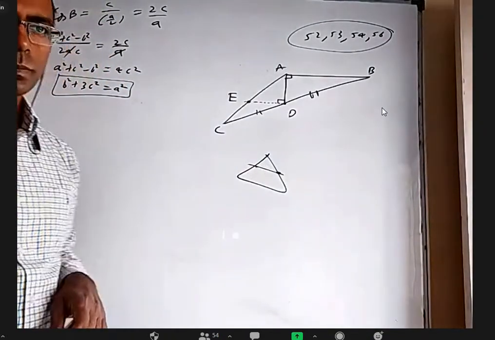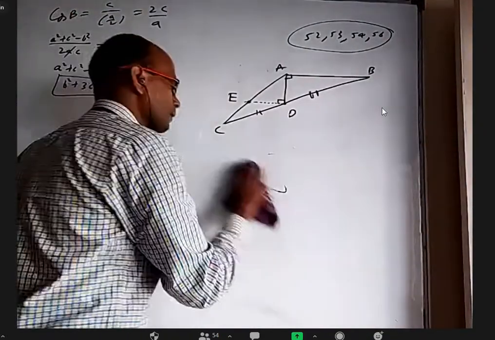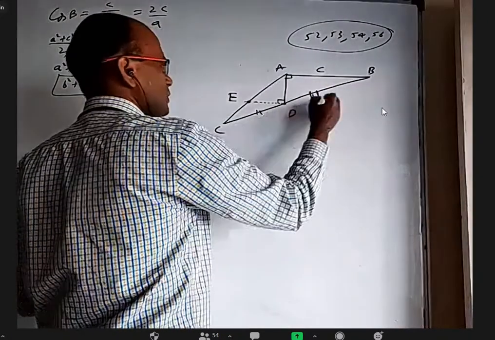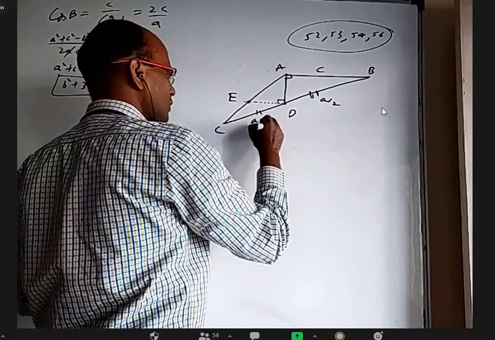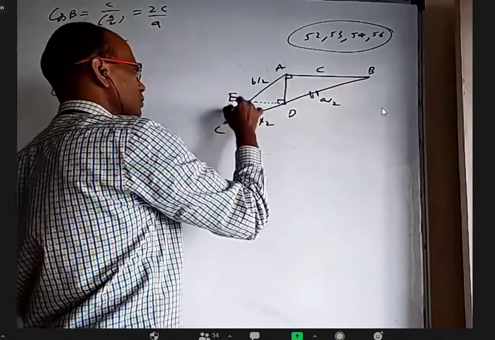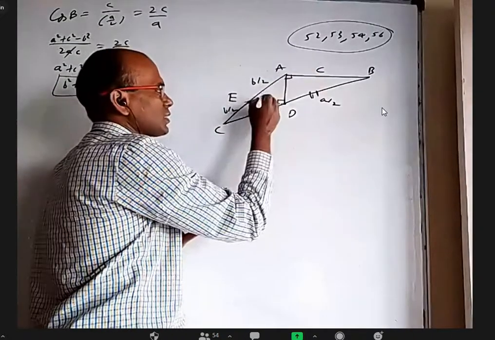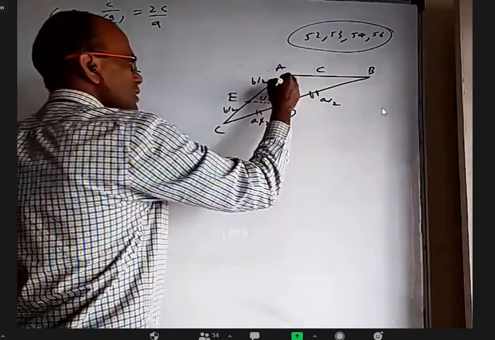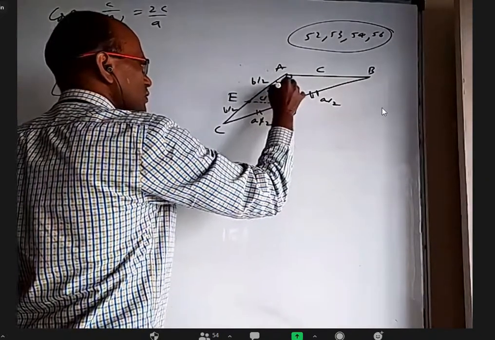So now this is small c, this is A by 2, this is A by 2. This total is B, so this is B by 2 because that is the midpoint. This is C, this is C by 2, and this angle is A minus 90 degrees.